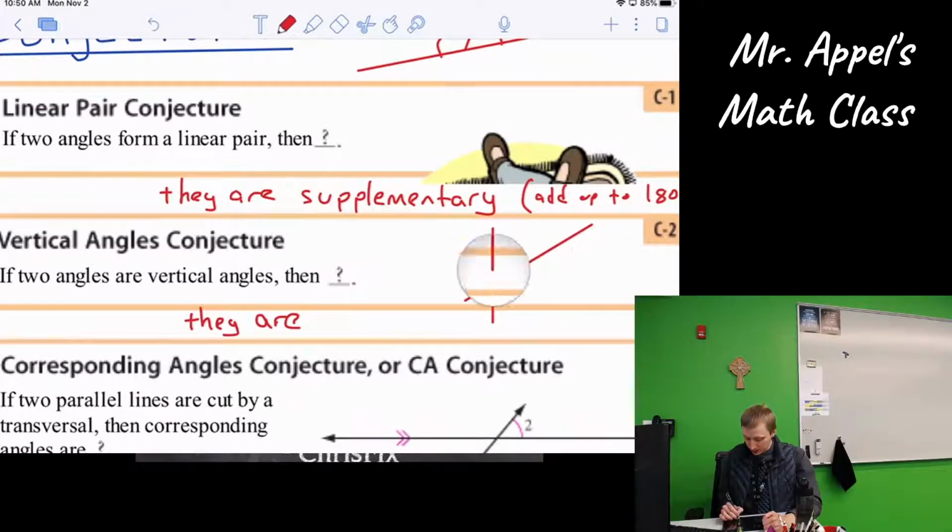Notice when the angle on the left is really big, the right is really big. When the left side is really tiny, the right side is really tiny. So what do you think it's got to be now? It is congruent this time. Very good.